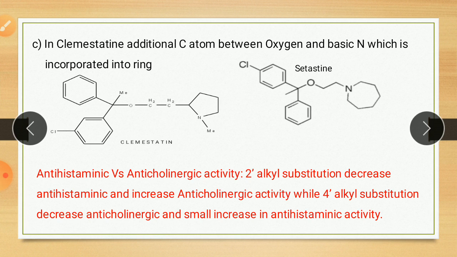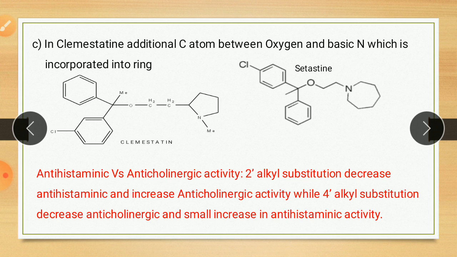Now the important point of this class is antihistamine versus anticholinergic activity. The diaryl tertiary aminoalkyl ether structure that characterizes this compound also serves as a pharmacophore for the muscarinic receptor.